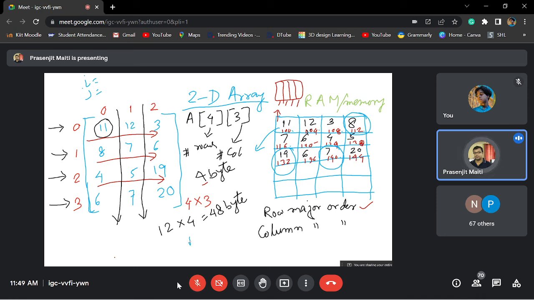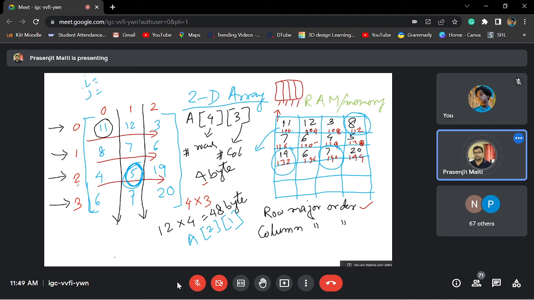Suppose we want to find out the address of 2-1, means second row first column. If we store this data row wise or column wise, we can find out the address of that element, that means 5.